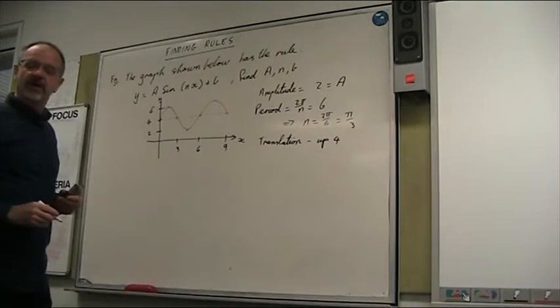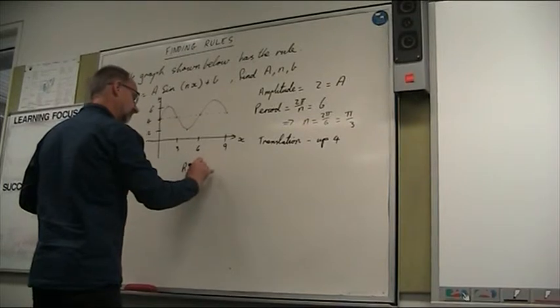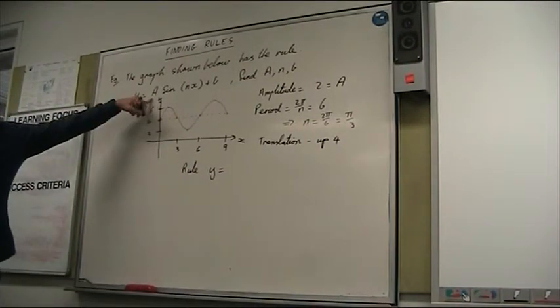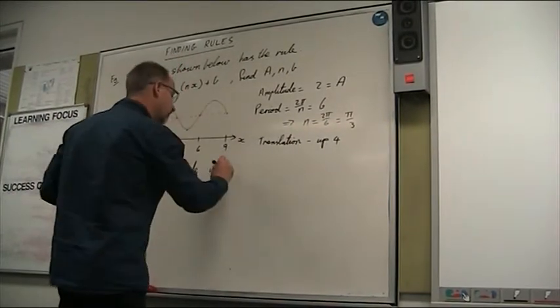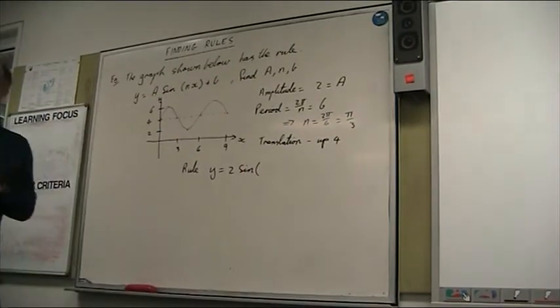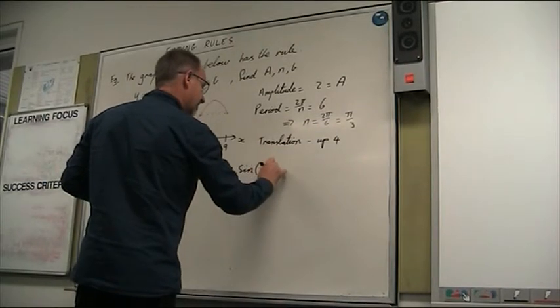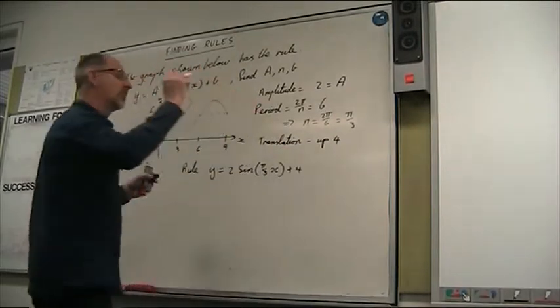All right, so our equation, our rule then would be y equals, instead of the big A, we're going to put the number 2, instead of n, we're going to put pi over 3, and plus 4 on the end.